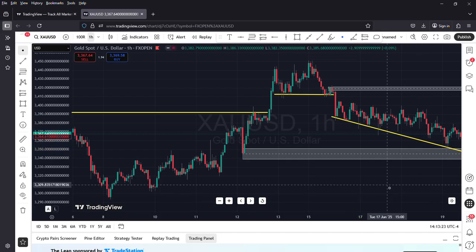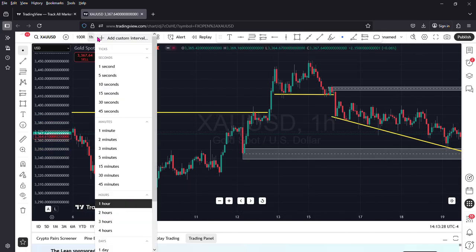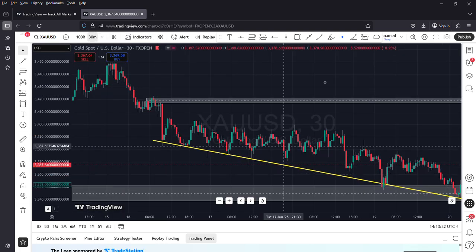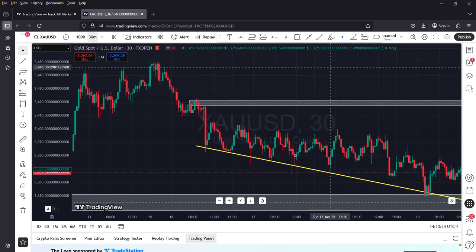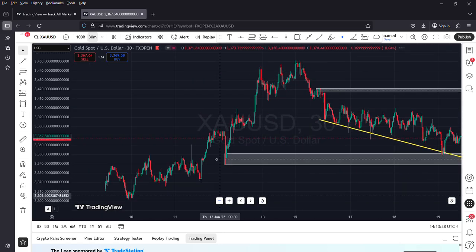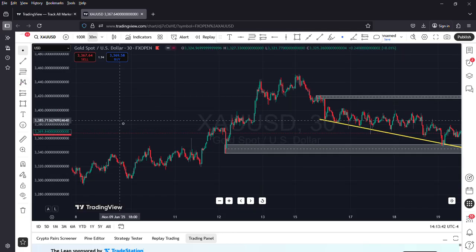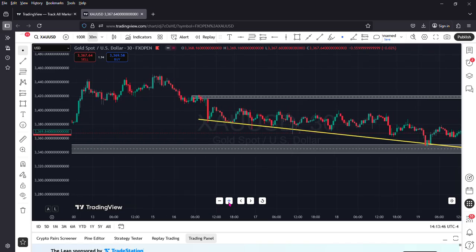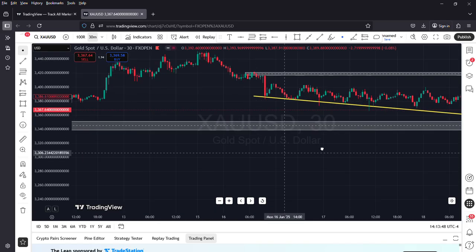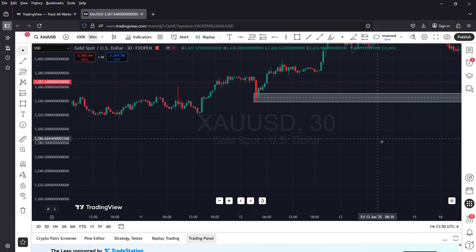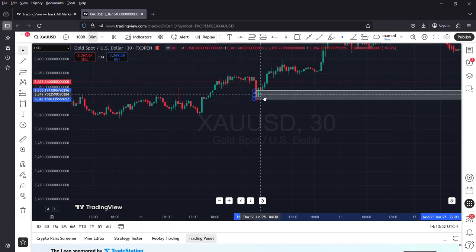So now we have seen the origin that the market has tapped into before. So we are going down to 30 minutes. Now if we go down to 30 minutes, we find out that the origin and the market have tapped into this other block.